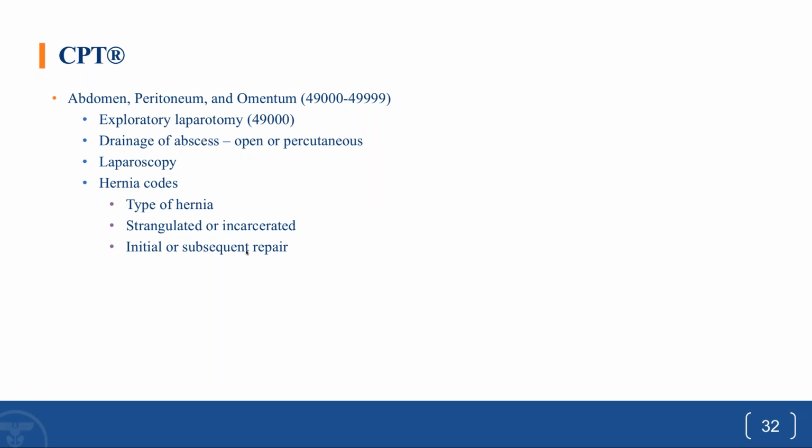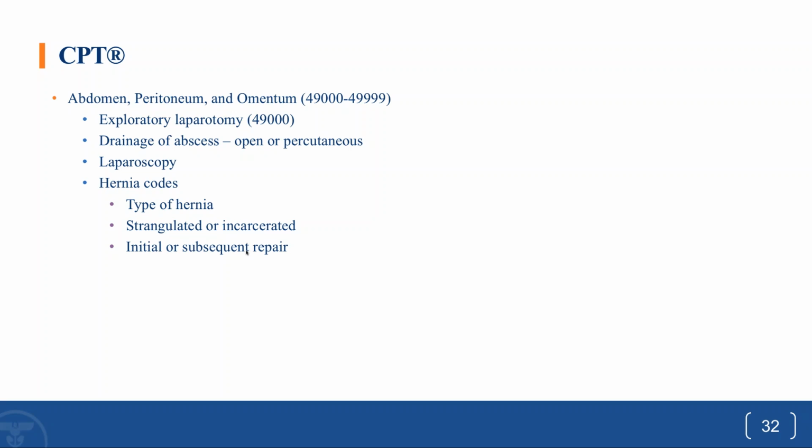And it tells you right underneath. Use 49568 in conjunction with 11004 through 11008, which is coming from integumentary, right? Or 49560 through 49566.